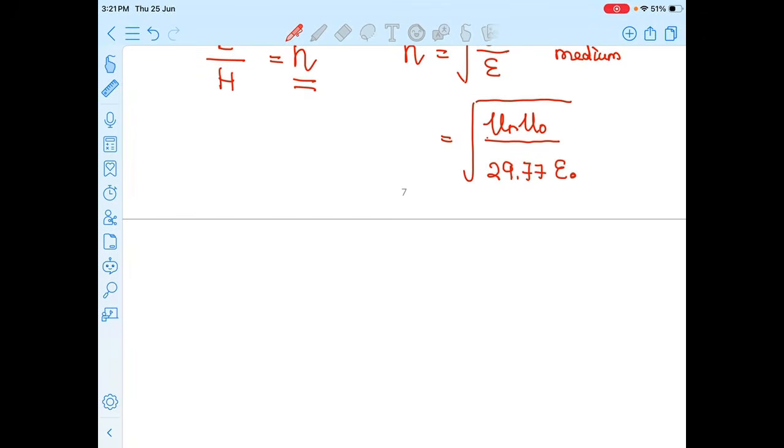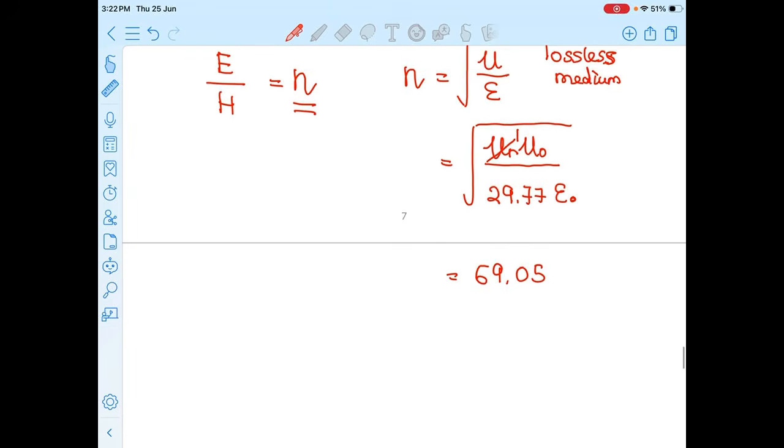So you can calculate this, and it is equal to 69.05. This is the intrinsic impedance.